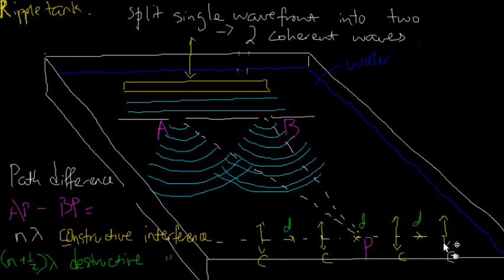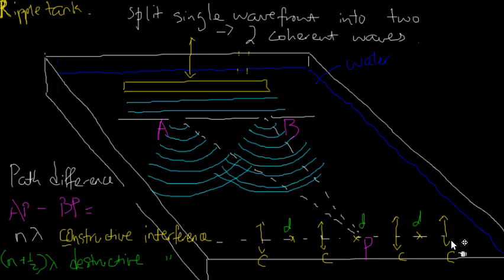Now, historically, it was an experiment like this that actually showed that light is made up of waves. Now, we can't actually see what is inside a light, right?